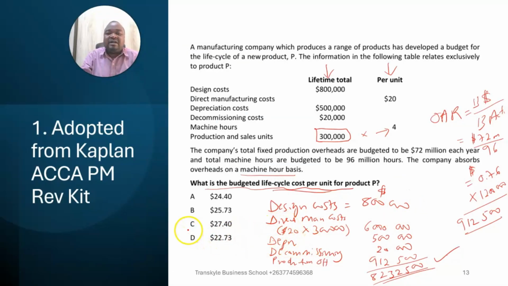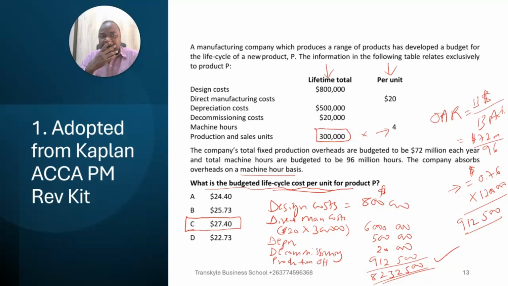Then the cost per unit that is nearer to 27.44 is actually 27.40. So the difference is due to rounding. Remember, there was some rounding which we took, which was considered there. So that's our answer on that part. You can do this in Excel and you will discover that it becomes faster.